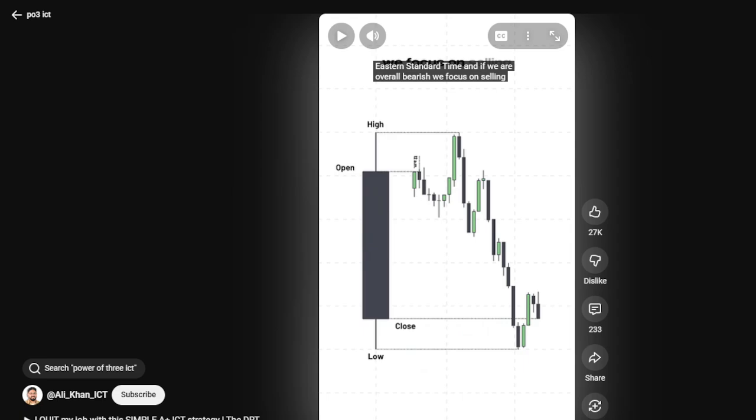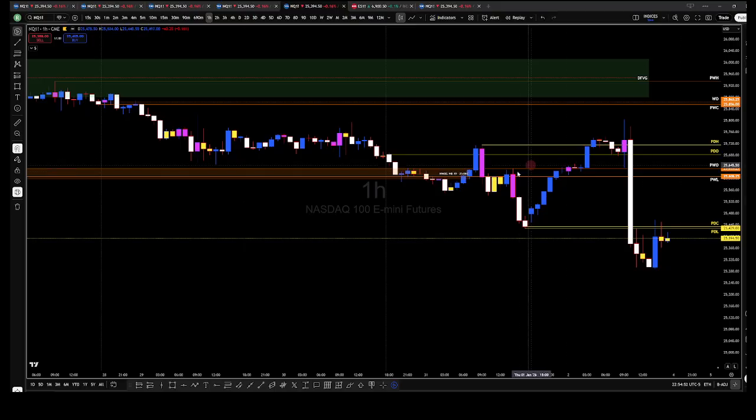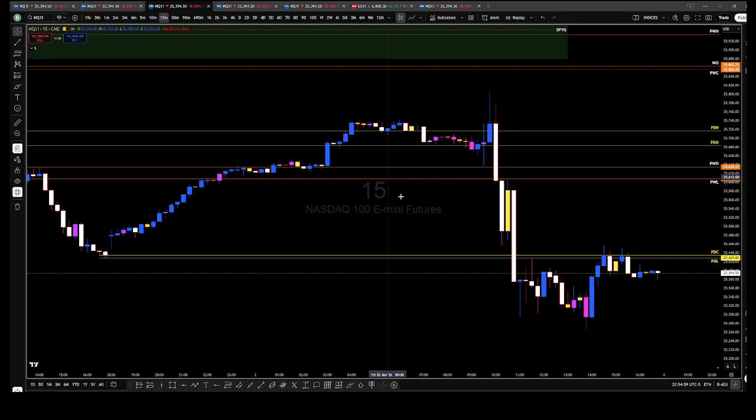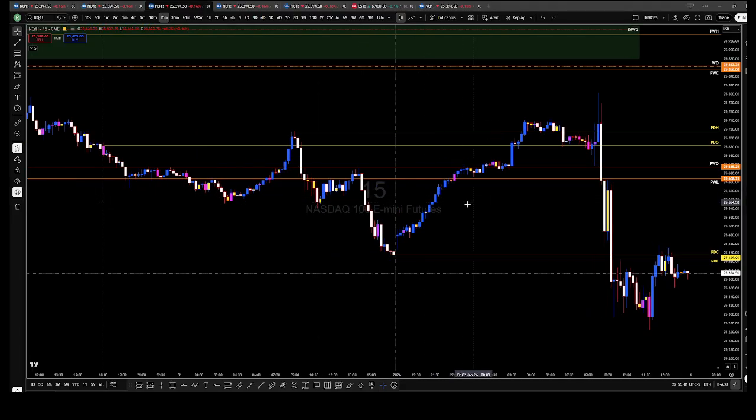Now, when we start looking for footprints, can you see how all these bars are small, they're crawling up slowly and then reach the previous day high?